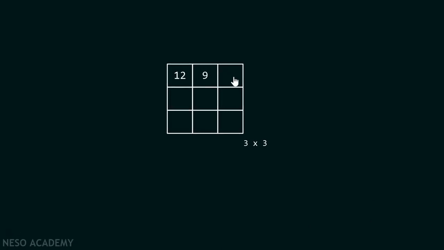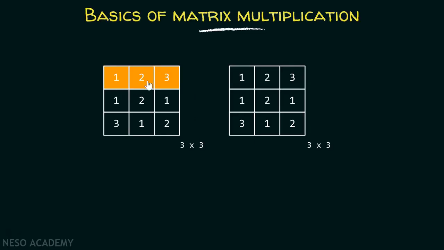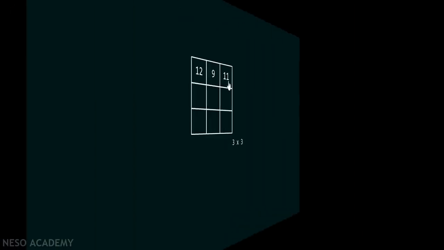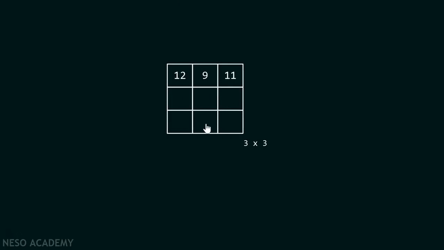Similarly, we can fill this cell as well by using the same procedure. In order to fill this cell, we have to first identify its location. We can see that the location of this cell is first row and third column. Therefore, we will take the first row from this matrix and the third column from this matrix. And again, we will perform the same procedure. The result comes out to be 11. The rest of the locations we can fill in the same way.